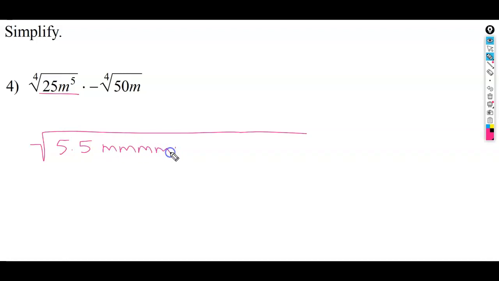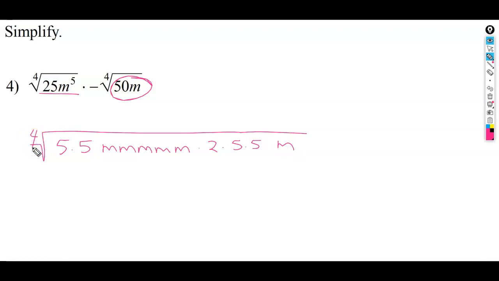And we have 5 m's. And then we also have the 50m here, which is 50, which is 25 times 2, so 2 times 5 times 5. And then another m. And we're dealing with the 4th root.